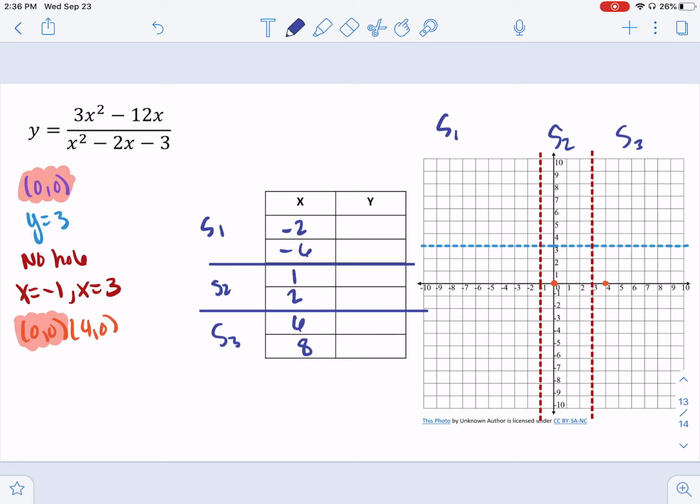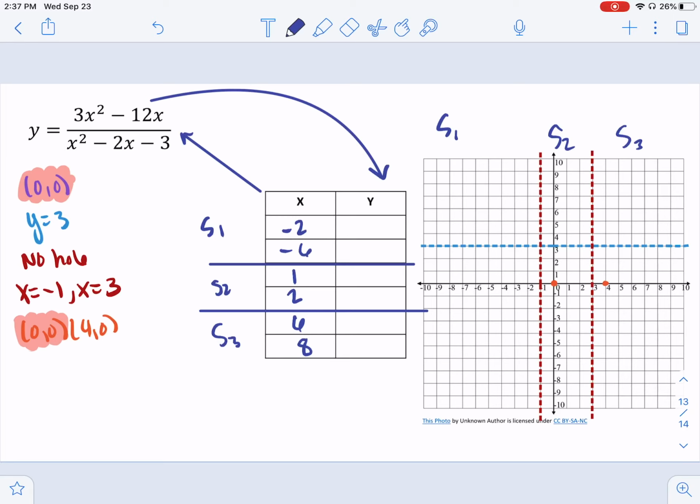Same thing, now I'm going to plug this in, and it's going to give me a y value. Same thing, I'm going to use my calculator to help me out here.